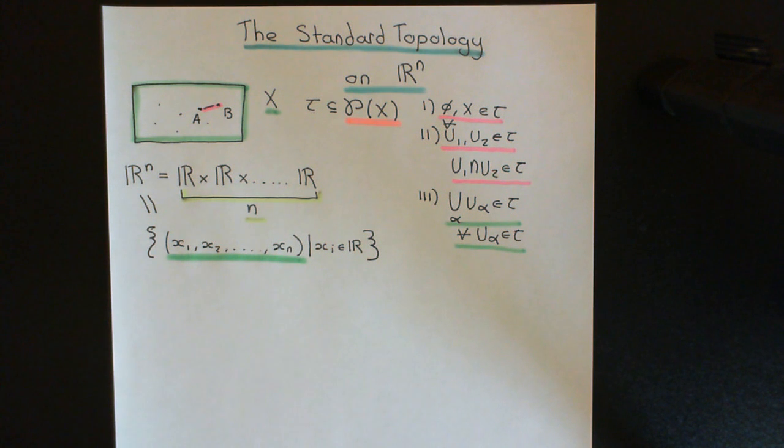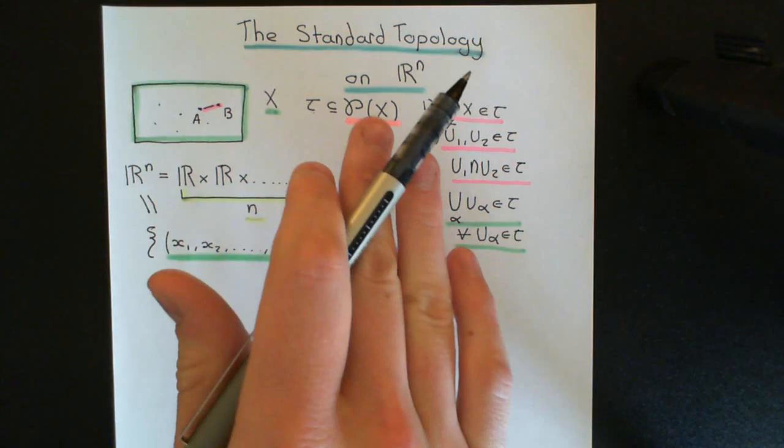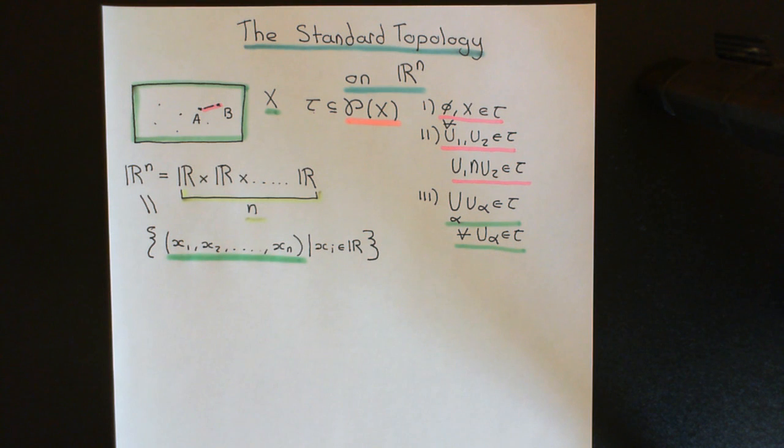So certainly we can have more topologies on this than just the standard topology, and it's very important to appreciate that this is not the only topology that you can put on Rn.